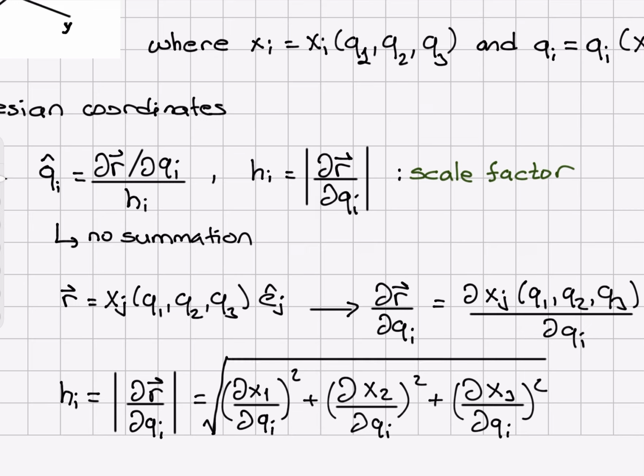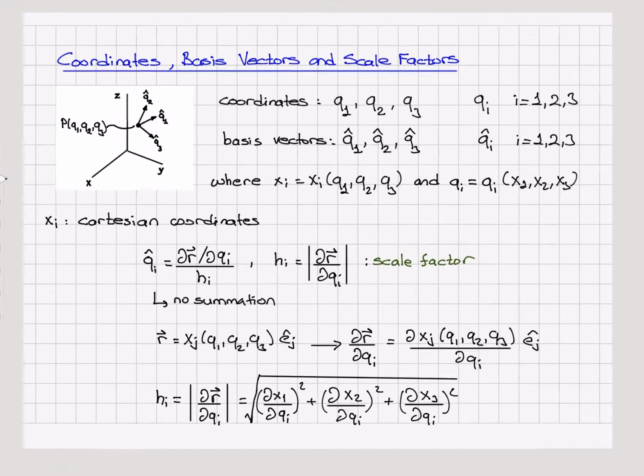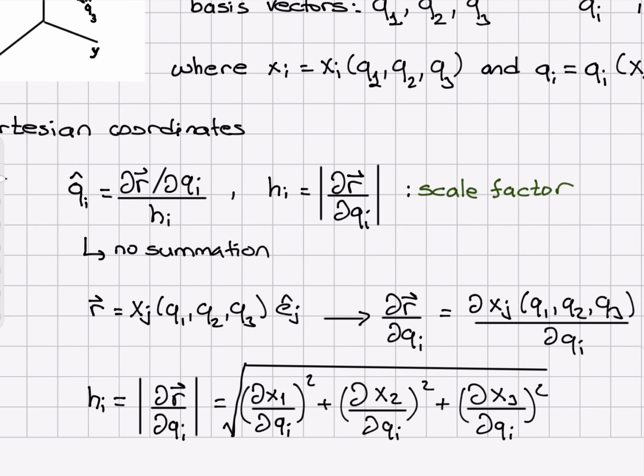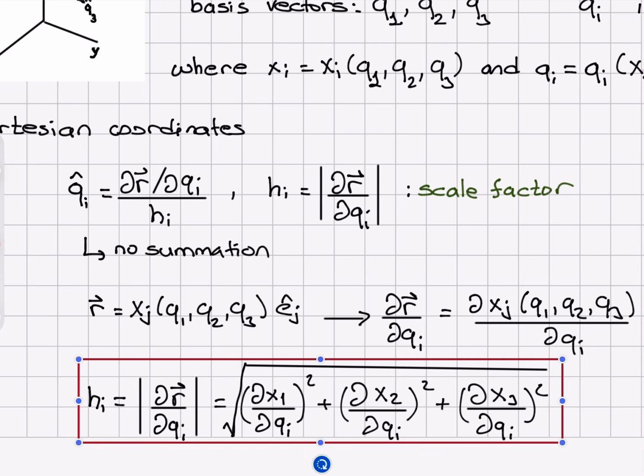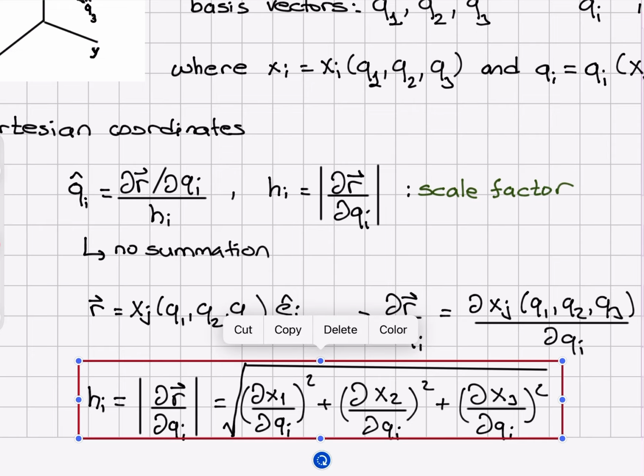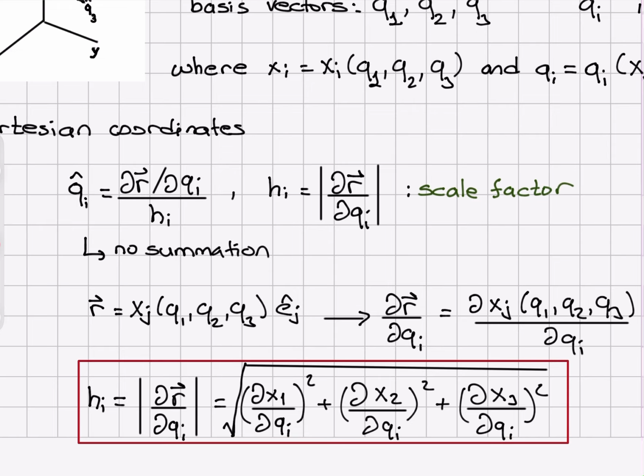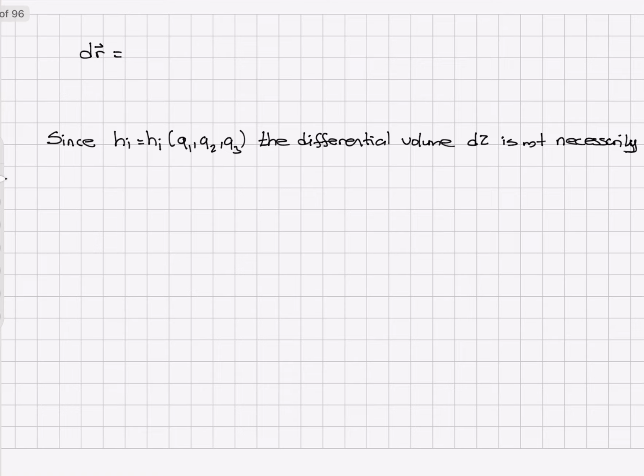So this is how we calculate the scale factor, for example, using the relationship between the Cartesian coordinates and the curvilinear coordinates. So we need to know the transformation between Cartesian coordinates and the generalized curvilinear coordinate system.